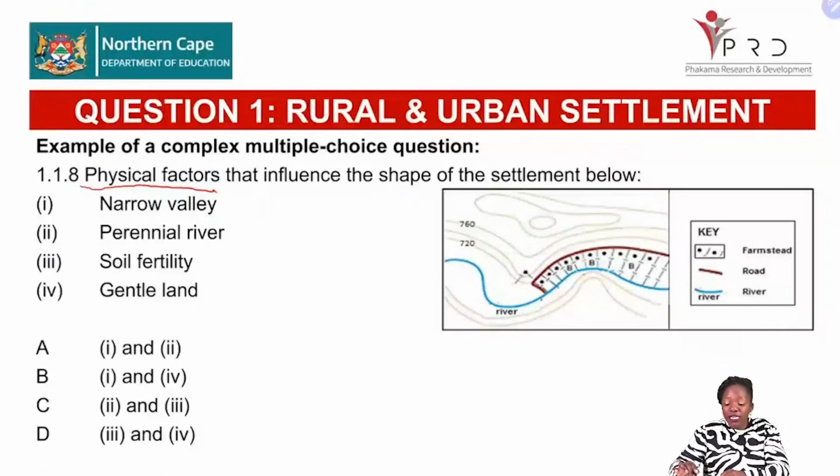Then we are looking at the river. Is the river a physical factor or is it another factor? So I'm going to give you 2 minutes so that you can make your combination, because you need 2 physical factors that have influenced this type of shape. So 2 minutes, and then after 2 minutes, we will proceed to the solution.